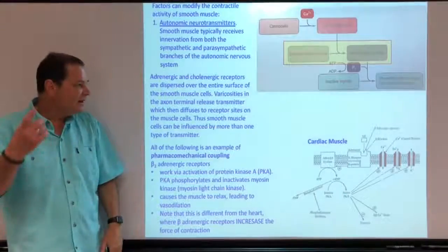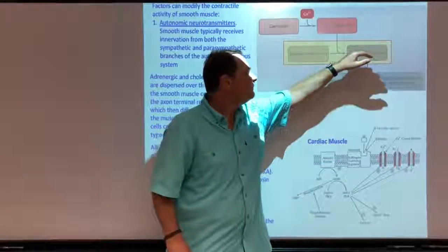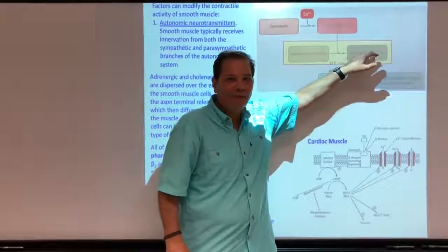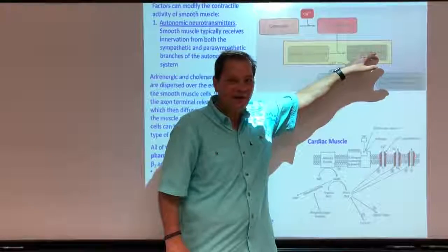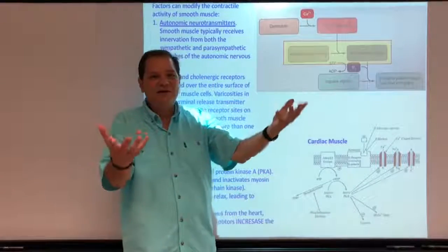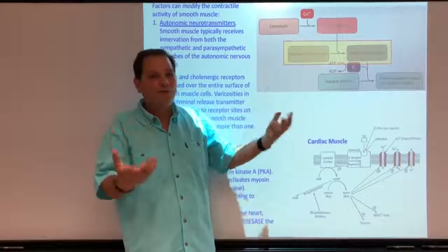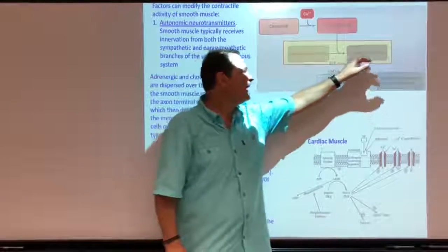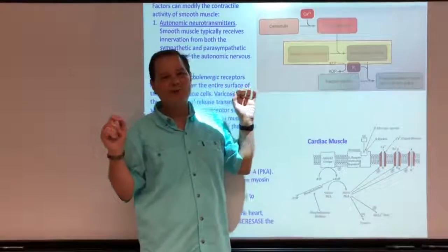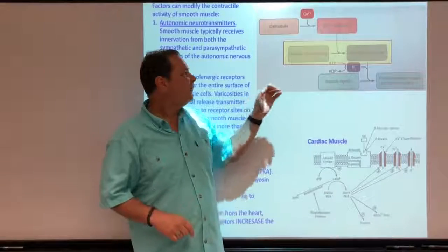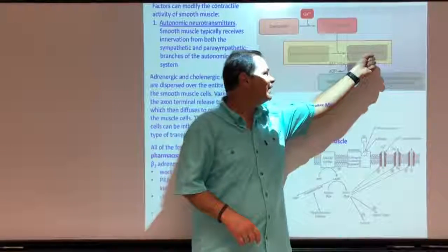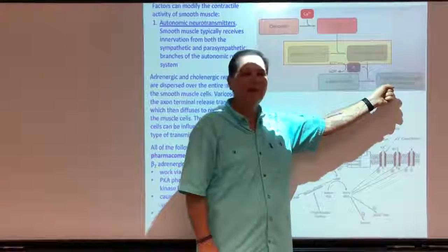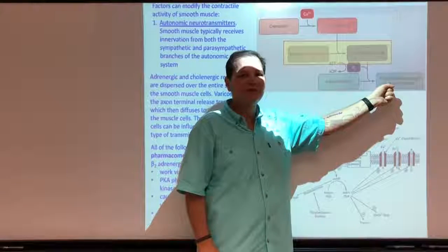And what happens is PKA phosphorylates myosin light chain kinase. And when myosin light chain kinase is phosphorylated, its activity is decreased, okay? Ordinarily myosin light chain kinase phosphorylates myosin and causes contraction.